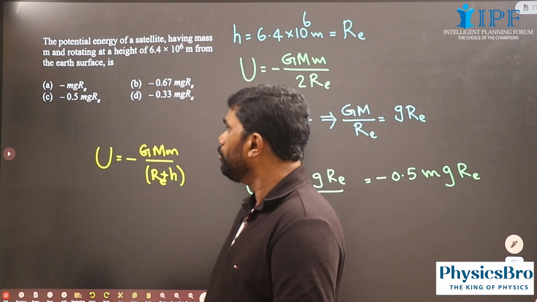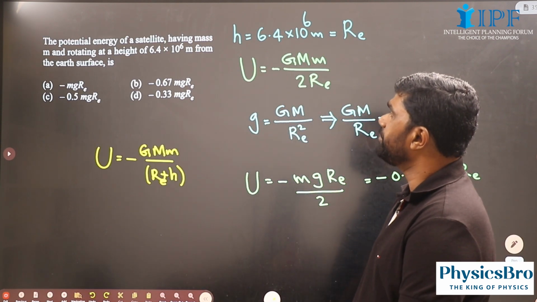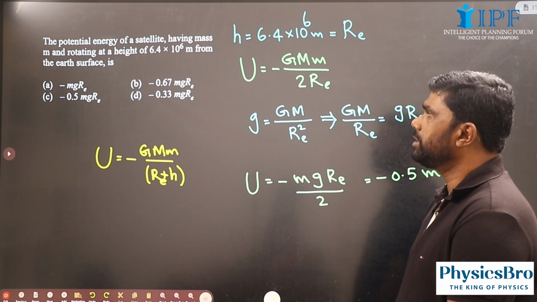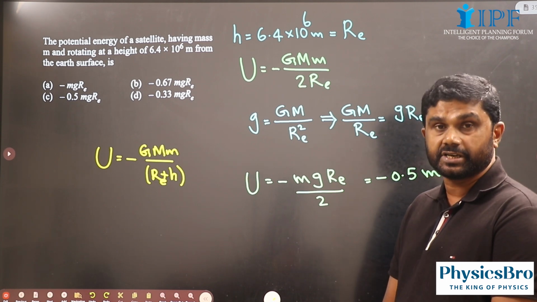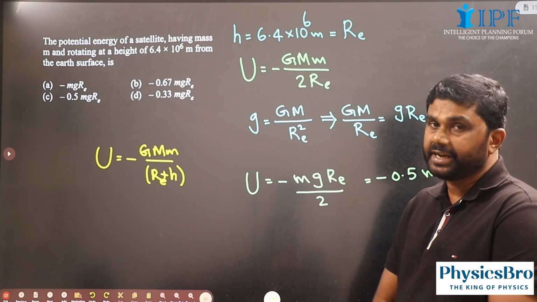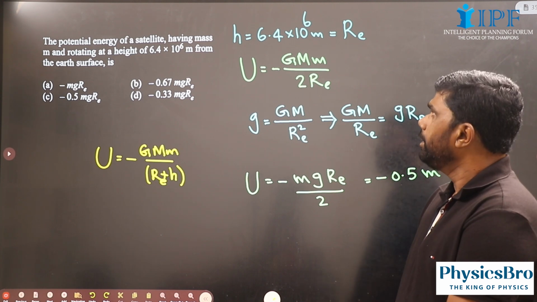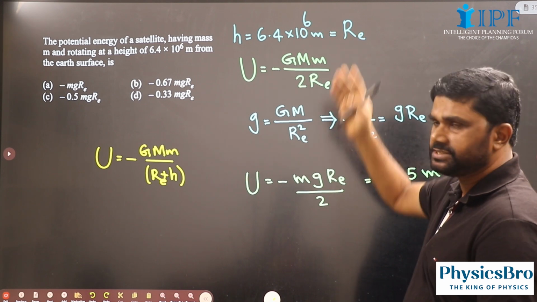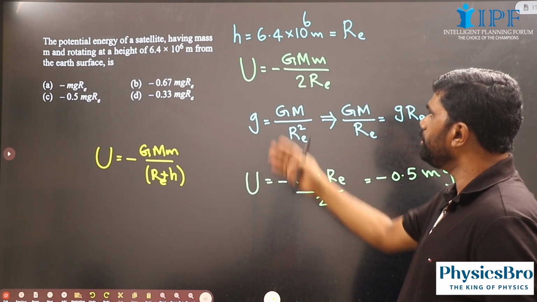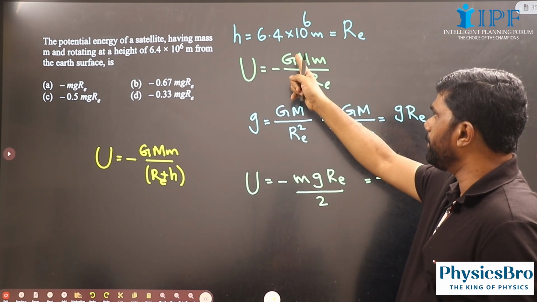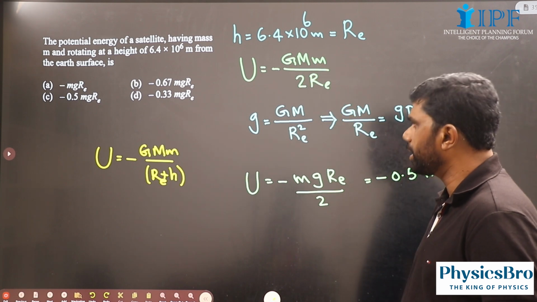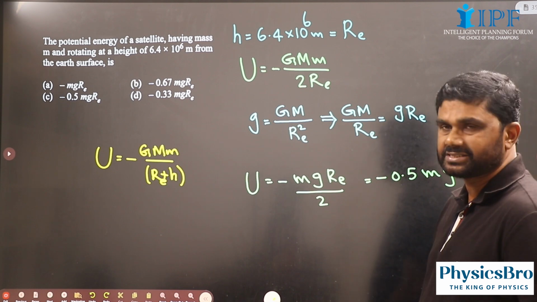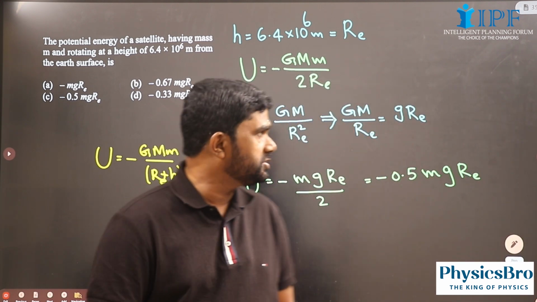Now let's see the potential energy of a satellite having mass m and rotating at a height equal to 6.4 into 10 raised to 6 meter, that is actually equal to the radius of Earth. U equals minus GMm divided by 2Re, and GM divided by Re square is the acceleration due to gravity, small g.